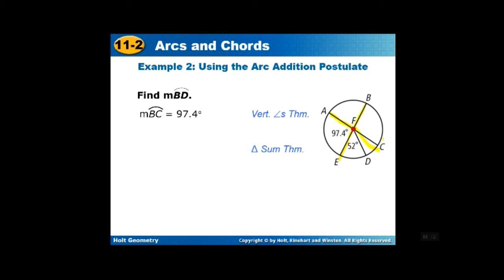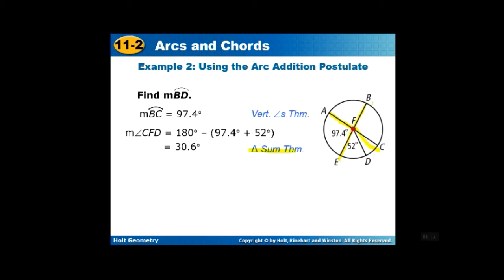To find the measure of angle CFD, we will subtract 180 minus 97.4 plus 52 to get the third angle. Here we use the triangle sum theorem, to get 30.6 degrees.